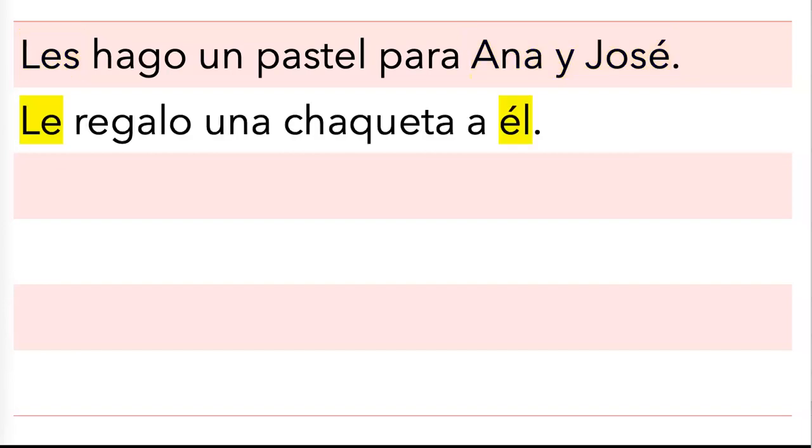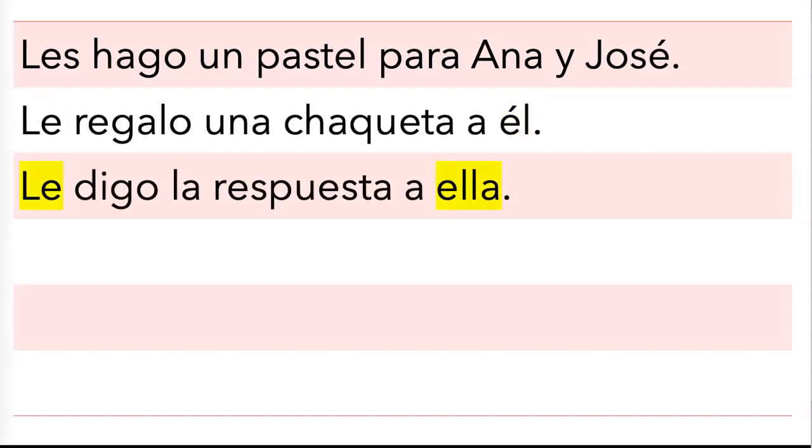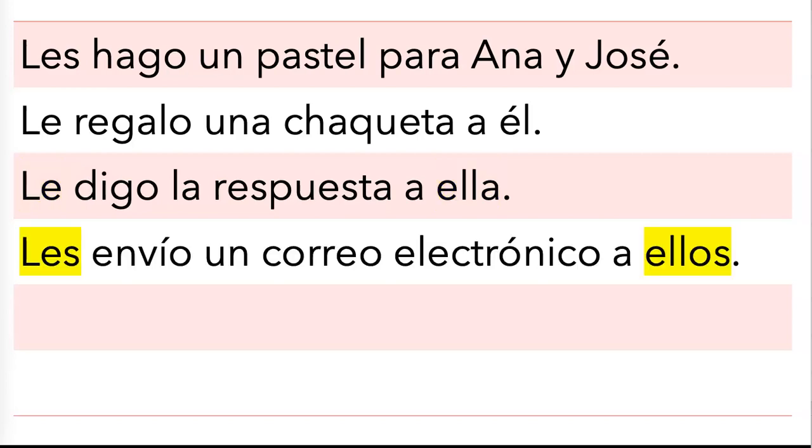Le regalo una chaqueta a él. You could just put le regalo una chaqueta, but a él makes it much clearer. Le digo la respuesta a ella. Again, having both of these makes it clear that I'm telling the answer to her. Les envío un correo electrónico a ellos. Again, having both of them makes it very clear that I'm sending an email to them.